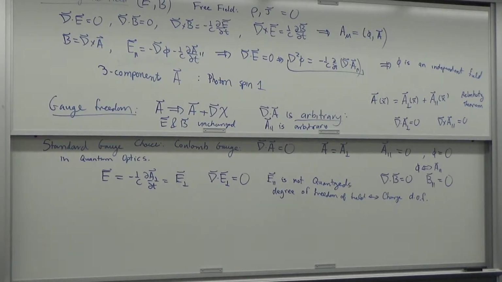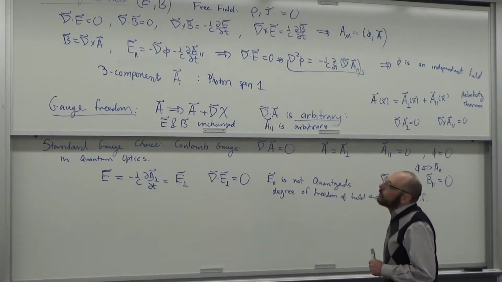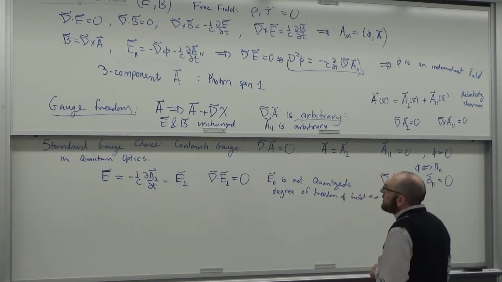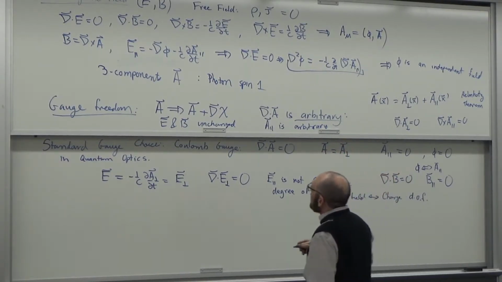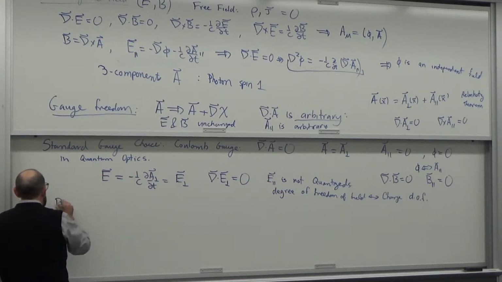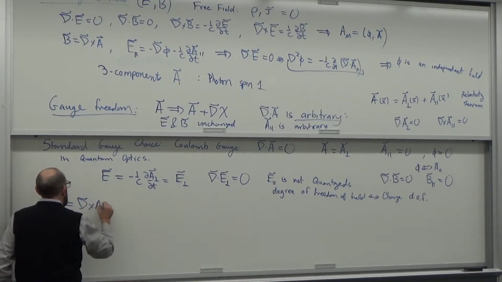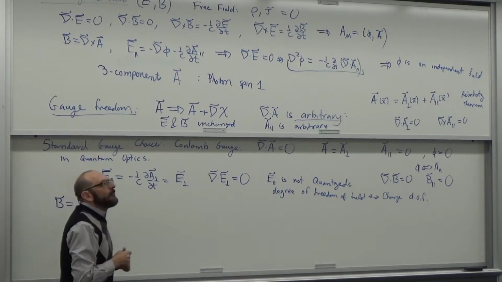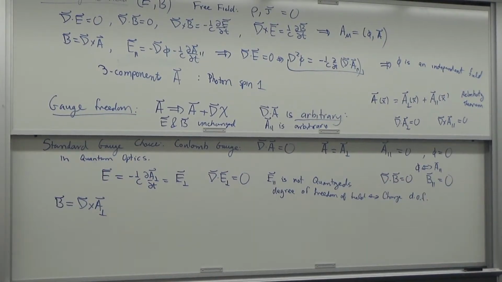All right, so with that said, we need to write down the equation of motion of our vector potential. We have Maxwell's equations up there. For example, B is the curl of A. And when I write A, I'll emphasize, it's only the transverse part of A that we quantize for the field.